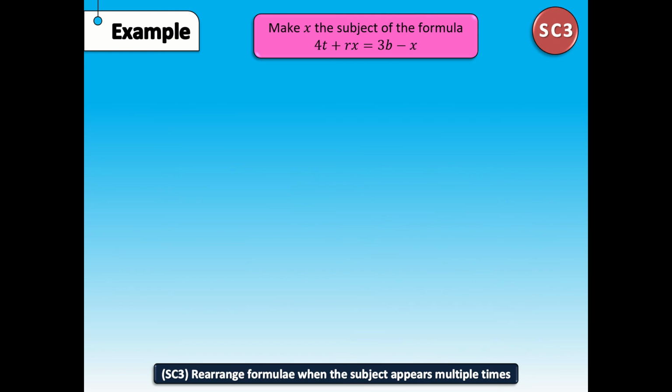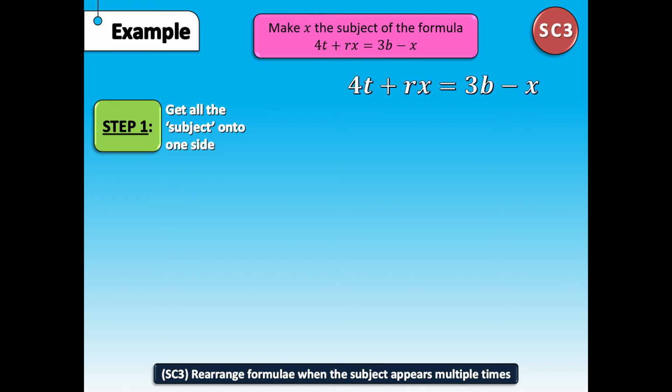Here's another example. This time we want to make x the subject of the formula 4t plus rx equals 3b minus x. So we start by getting the subject onto one side. So I'm going to add x to both sides.